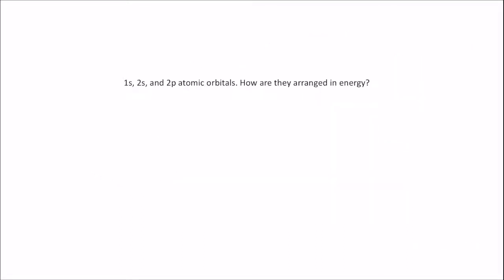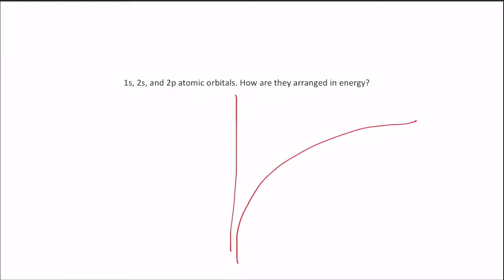So we have the 1s, 2s, and 2p orbitals that are going to be interacting. And how are those arranged in energy? If you remember, we're now talking about atomic orbitals. So we put our Coulomb potential, and then we know that the 1s level is going to be here. The 2s is going to be considerably higher, and because there are now multiple electrons, the 2s and the 2p are not going to have the same energy.